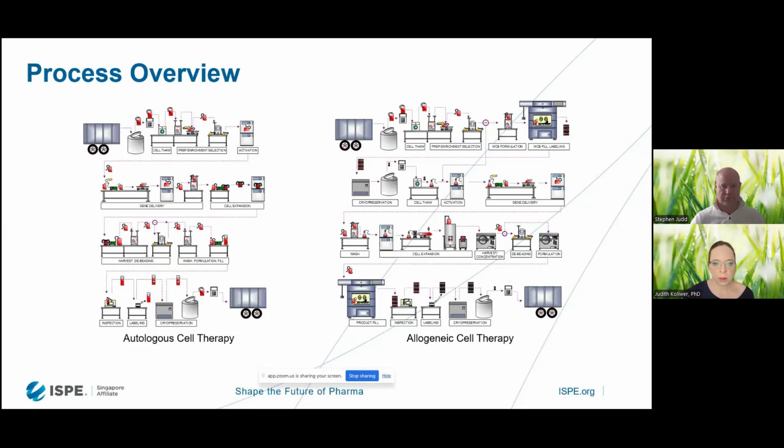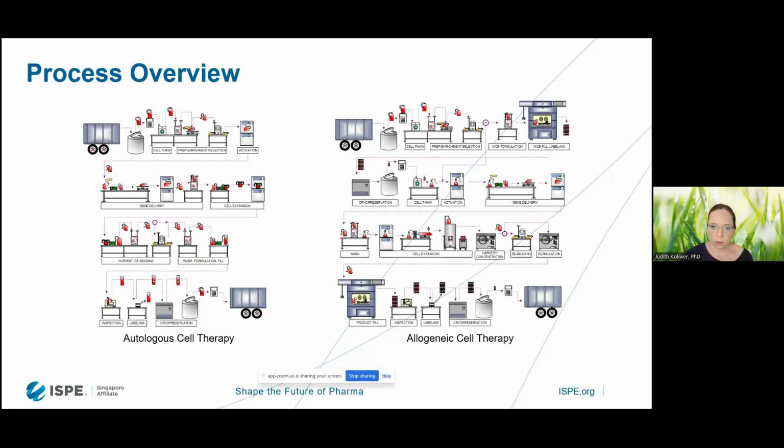And in our chapter 3, we really went into the individual steps of our process. And we did not create one for autologous and one for allogeneic, but really looked at the individual process steps and then discussed a little bit around what to consider, what are the things that we need to look out for, rather than really making suggestions, more into what are the considerations that we see here in these particular processes.